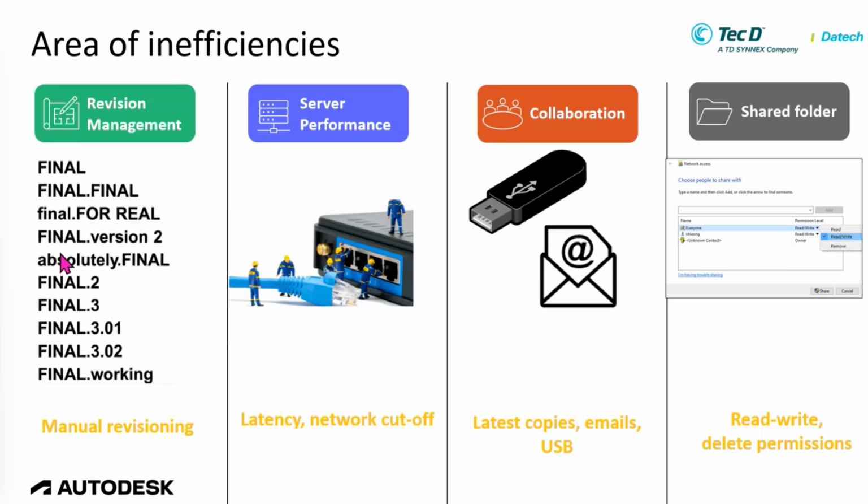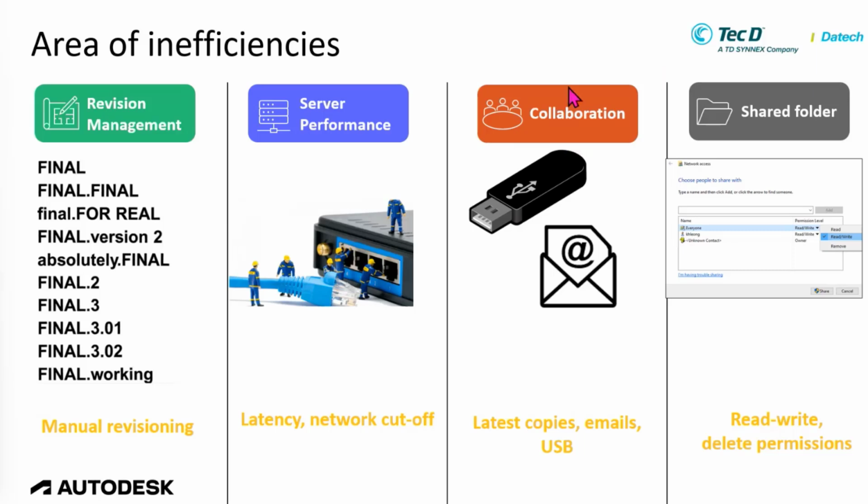I did check with some people, and they are still doing this, renaming the files by dates and maybe times. So manual revisioning, and server performance, where the data is stored in a server where everybody has access. Collaboration, where people use emails, USB, and nowadays maybe share drawings or 3D models using WhatsApp.